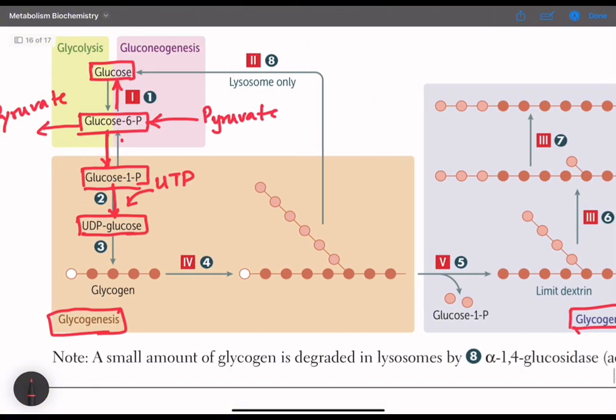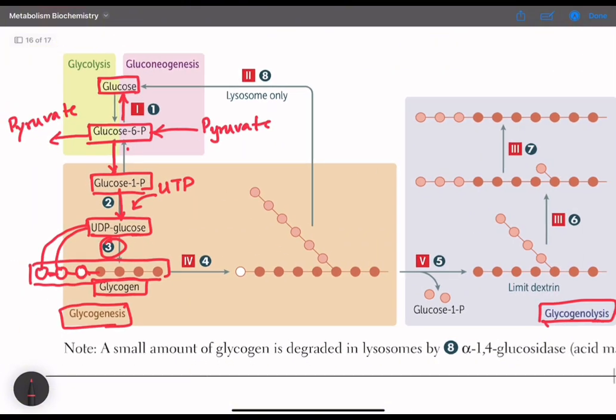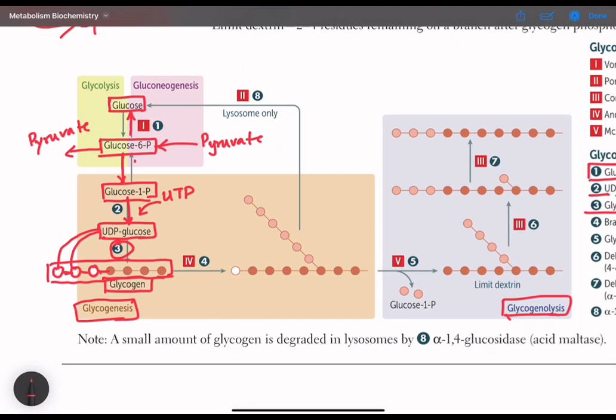From there, the UDP glucose is added to the chain, then another UDP glucose is added, and so on and so forth. So a linear chain is formed, and the enzyme that catalyzes this step is glycogen synthase. So this was about the linear chain formation of glycogen.